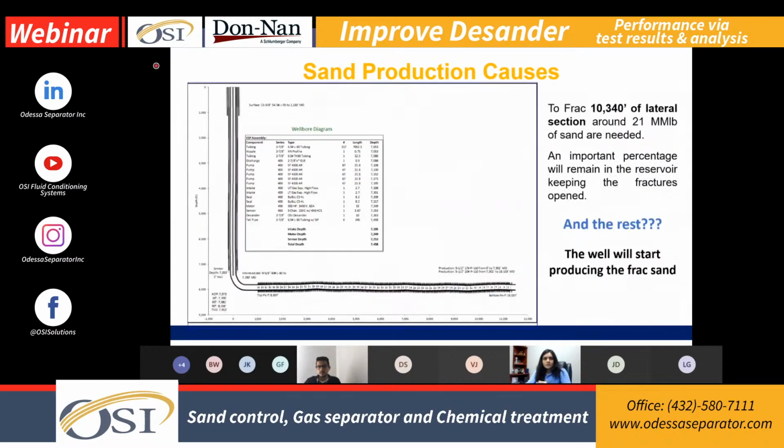This is a typical wellbore for our unconventional wells. It's one of the wells in the Midland Basin, where we have about 10,000 foot of lateral. We can see the perforation and the frac stages. For this one, we're using about 21 million pounds of sand just to frac that 10,000 foot of lateral. Some percentage of it is going to stay in the reservoir, but how about the rest?